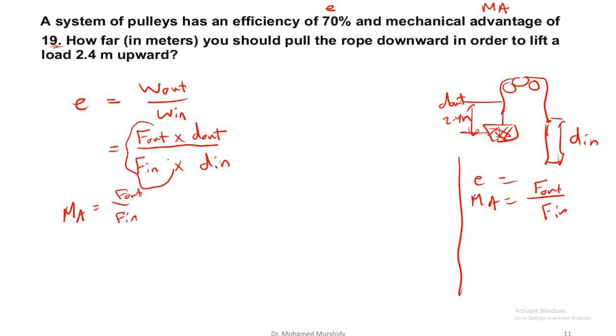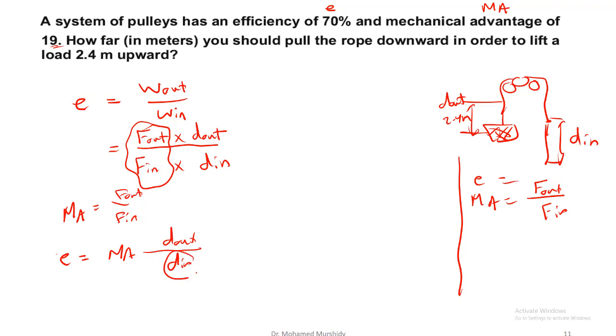We can just remove this part now and put the mechanical advantage instead. So the efficiency would have a new formula: E, the efficiency, equals the mechanical advantage, that's meant this part, multiplied by d out over d in. Now I think it will be clear.